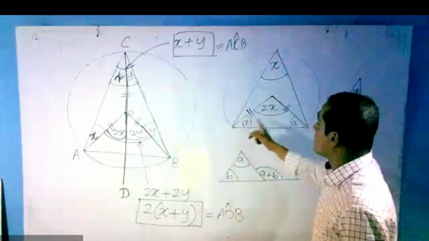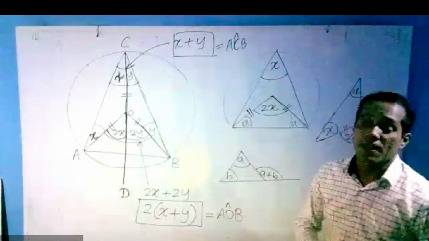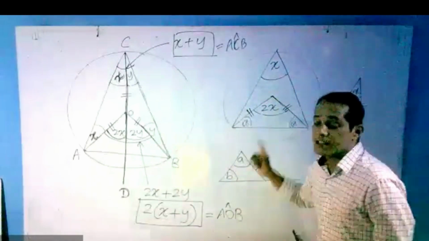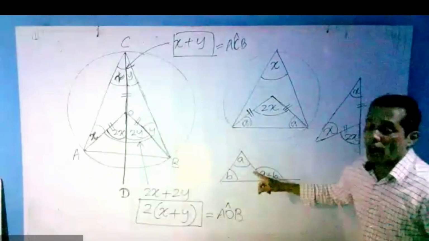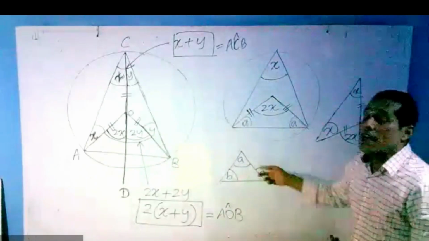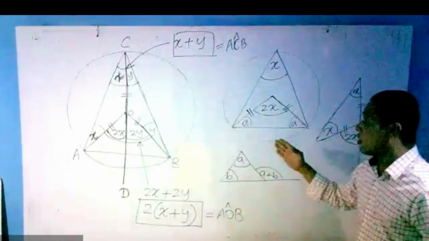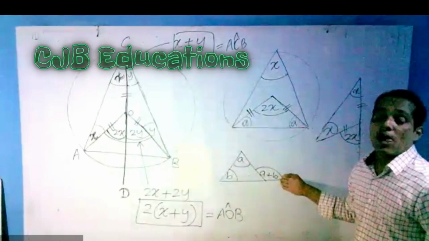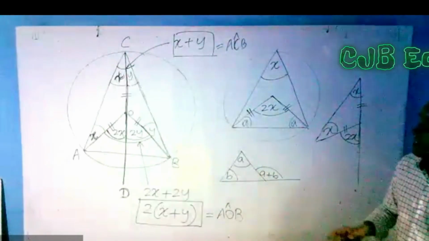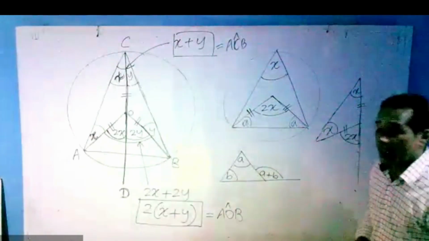Here I used one relationship, the isosceles triangle relationship: the angles opposite the equal sides are equal in an isosceles triangle. I also used the triangle exterior angle relationship: the exterior angle formed is equal to the sum of the two interior opposite angles when the sides are produced in a triangle, right?